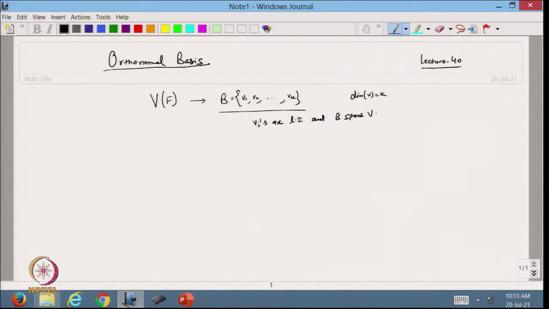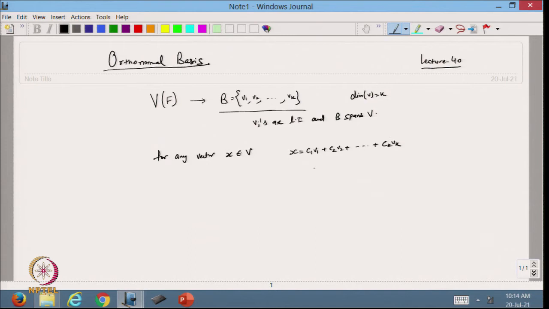Now, whenever we want to show that for any vector, say x, that belongs to V, we need to write x as a linear combination C1 V1 plus C2 V2 and so on up to Ck Vk, then we need to find these coordinates.